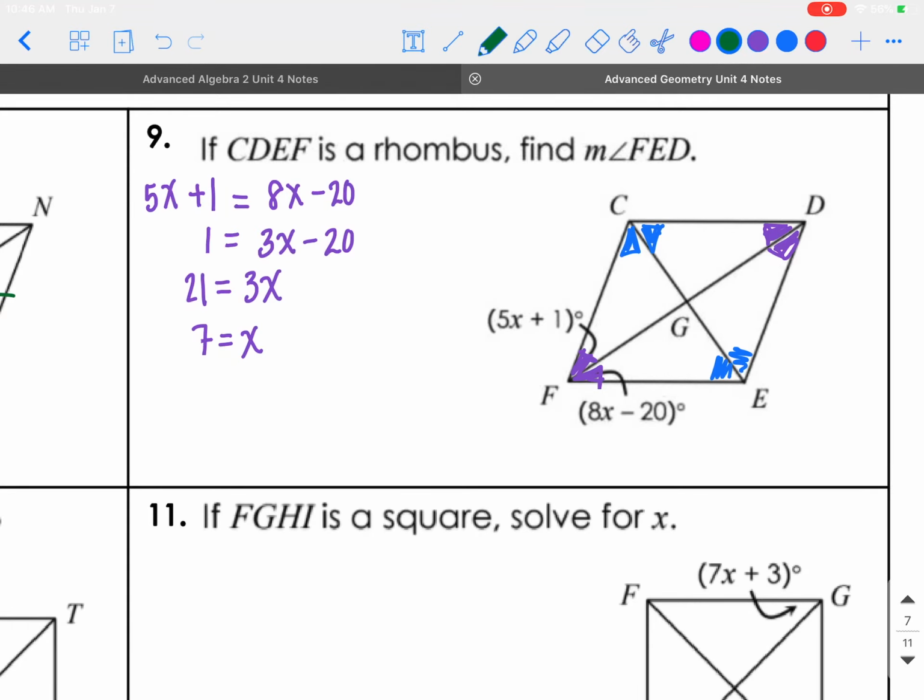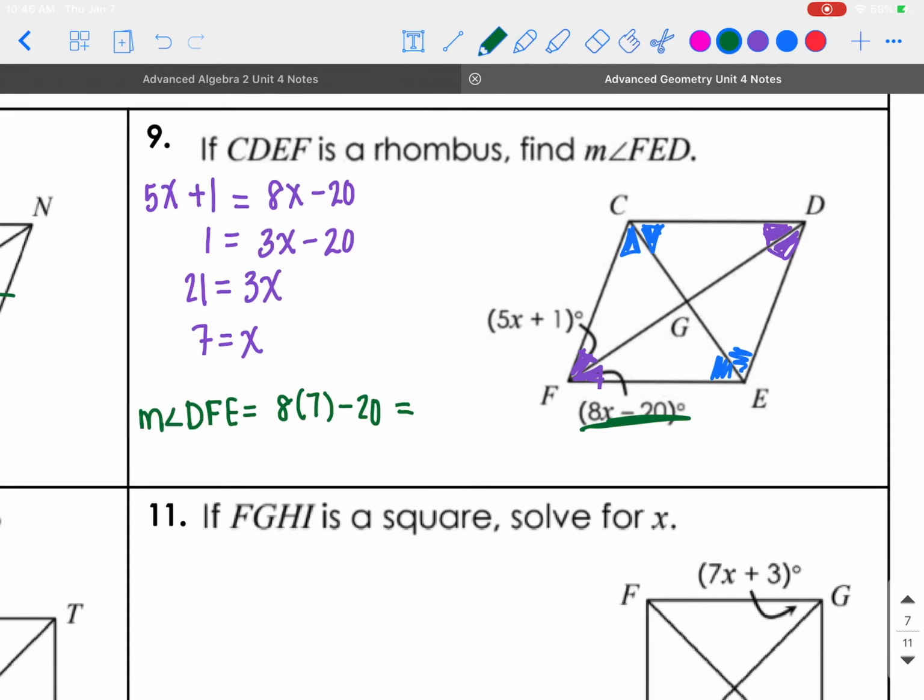So that can help me find the measure of this angle right here, DFE. 8 times 7 minus 20. Right.